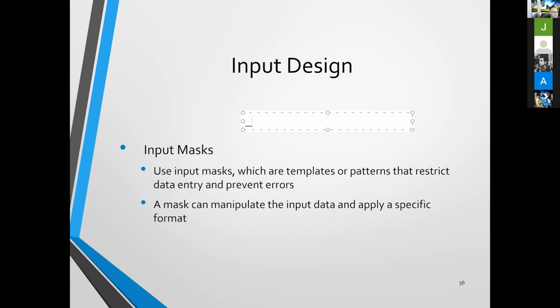That is wrong. A mask can manipulate the input data and apply a specific format as well, depending on what you want. Sometimes for the date that you allow the users to put, it might be like this.